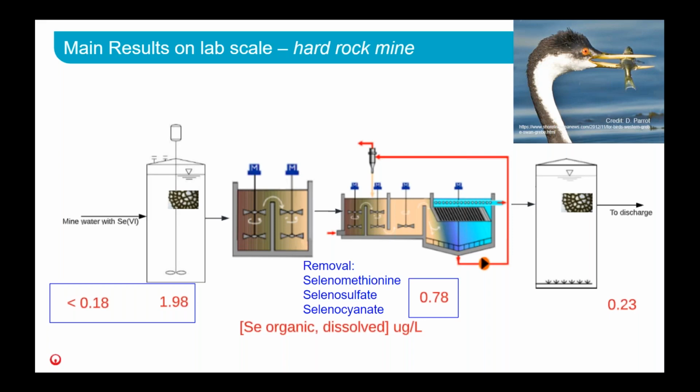But what is really interesting is that we observed some removal of selenomethionine at about 90%, selenosulfate at about 80% removal, and selenocyanate about 30% removal. So there's a slight removal, there's a removal of organoselenium.